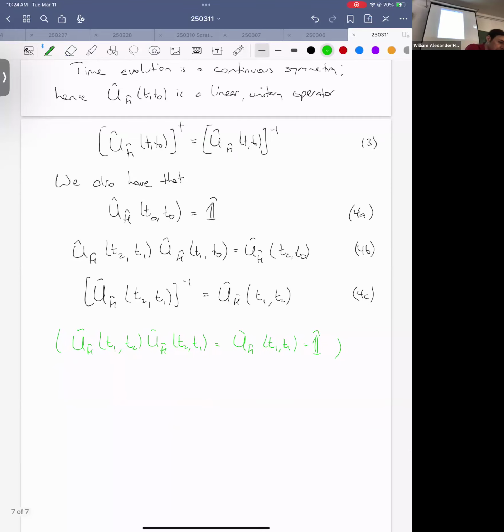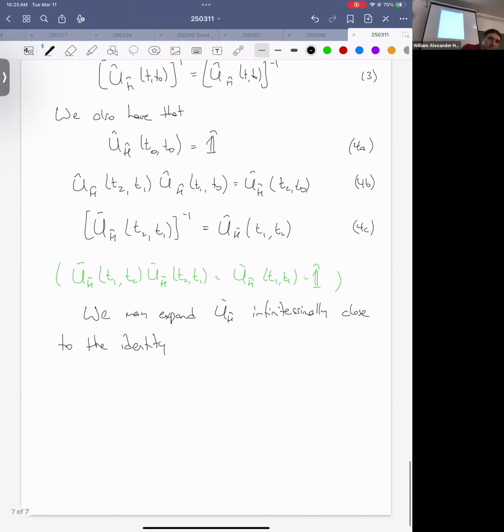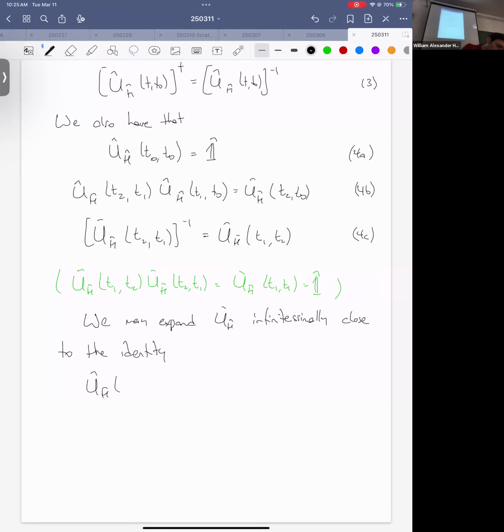All right. We may expand infinitesimally close to the identity. So if I imagine going from t0 up to t0 plus epsilon, it's 1 minus i epsilon, some operator that may depend on t0, plus order epsilon squared.